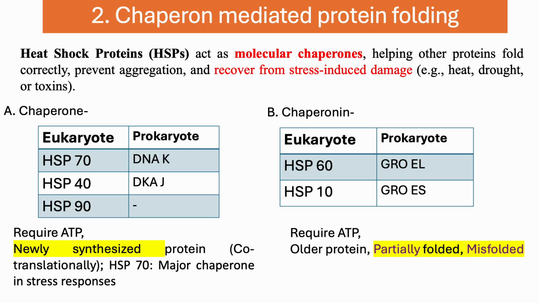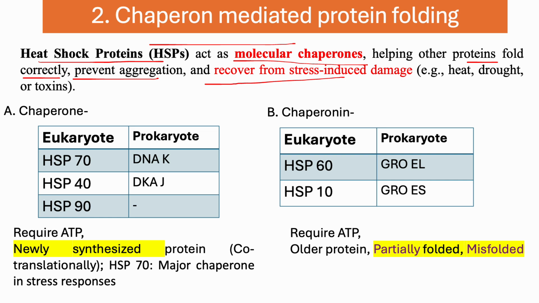Let's talk about chaperone-mediated protein folding again. They are basically heat shock proteins. Heat shock proteins act as molecular chaperones, helping other proteins to fold correctly, and they also help to prevent aggregation and recover from stress-induced damage like heat, drought or toxin.